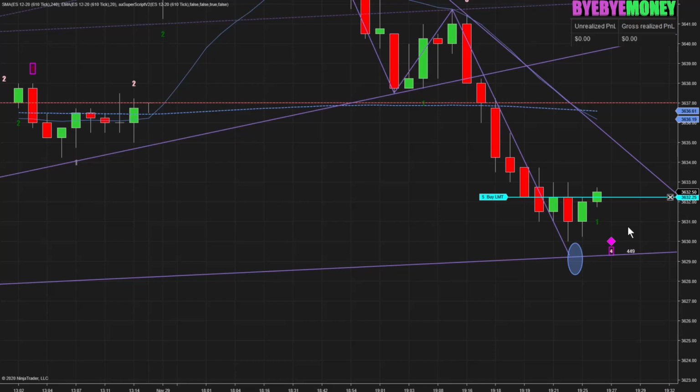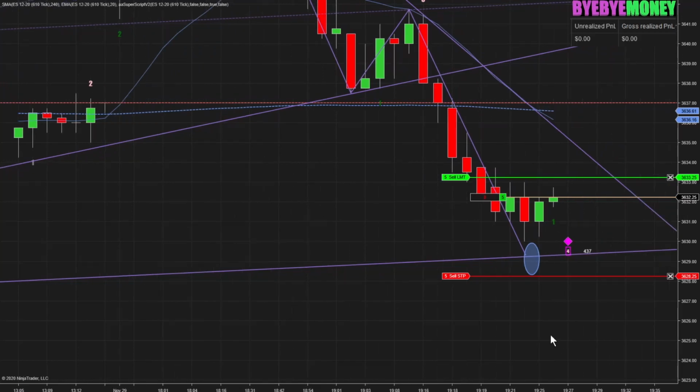Went up 2 ticks immediately. I want a small retracement here. Okay, I'm filled. I'm in this trade. Good signal bar. Let's let it ride.